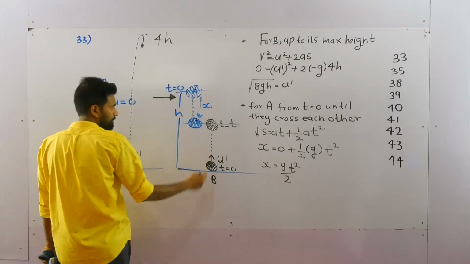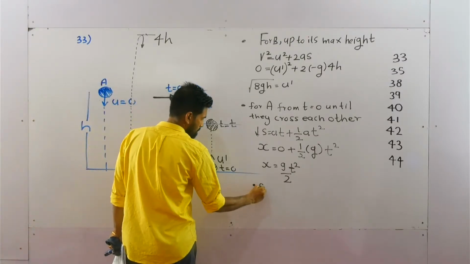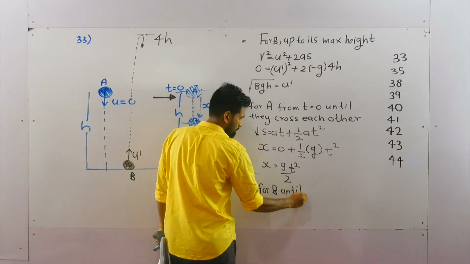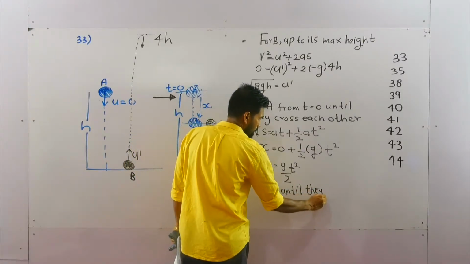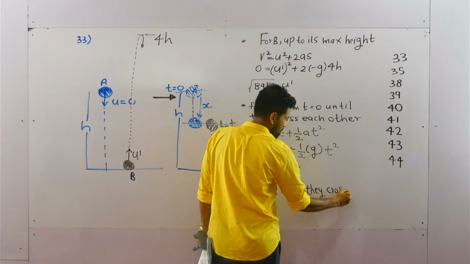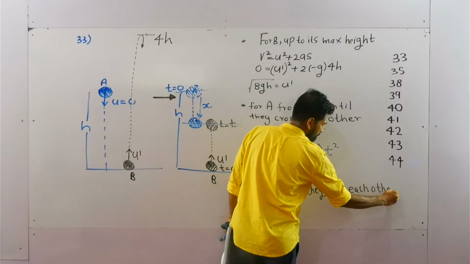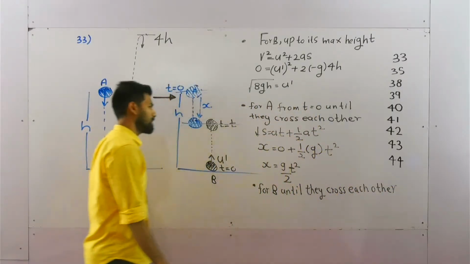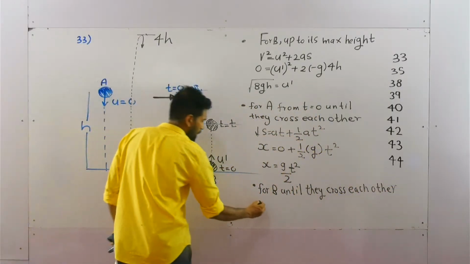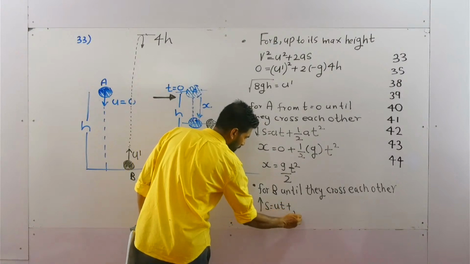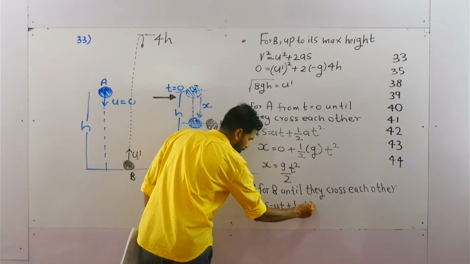Okay. Then for B, until they cross each other, I'm applying S equals ut plus half at square.